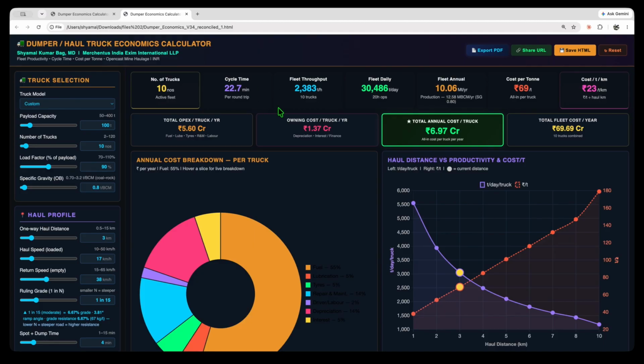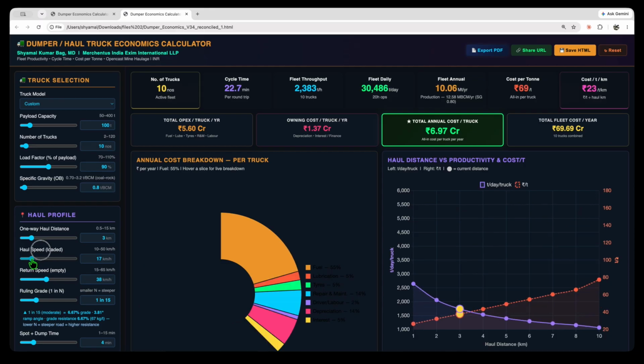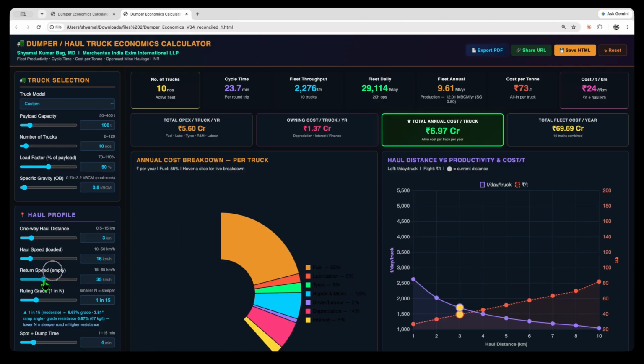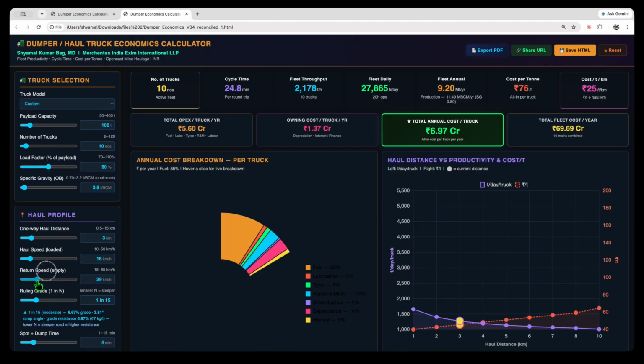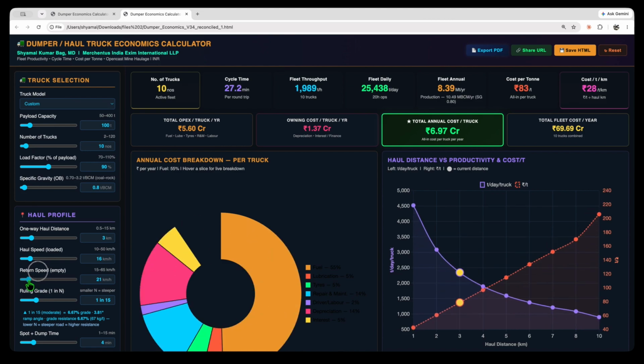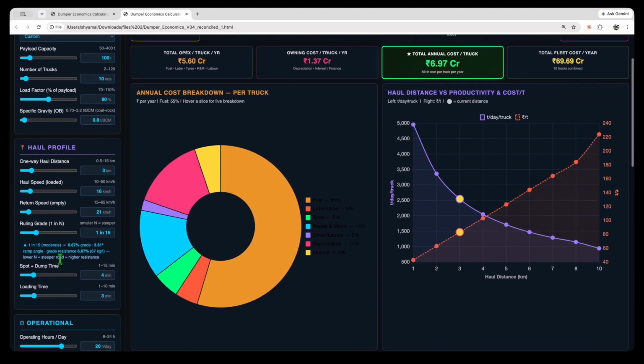You can see the cycle time will change. Similarly, the return speed also controls the total cycle time. So you can select this as per the requirement.